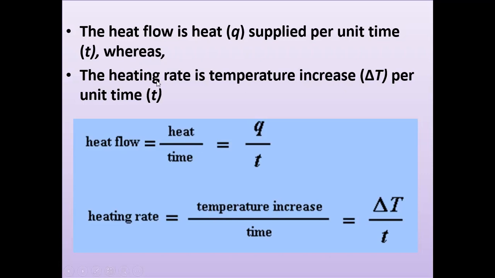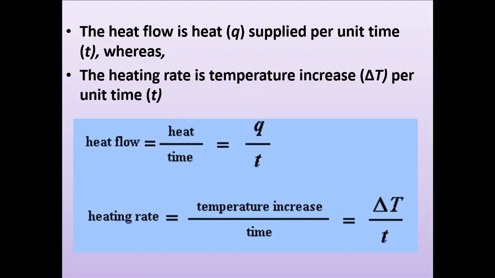Okay, and now the heating rate is the temperature increase, that is delta T per unit time. So now we have to calculate the heat flow. How can we calculate the heat flow? If you know the heat and the time for which heat flow is done, so Q by t, we can calculate the heat flow. Okay, so Q is the heat flow.